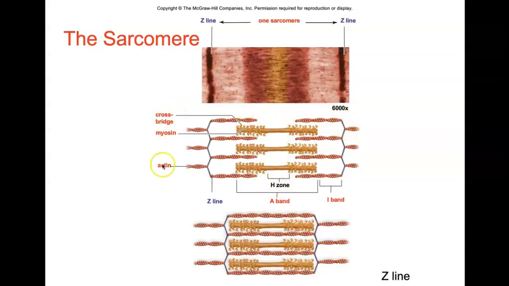So when you see a picture like this, we understand that the muscle is in a relaxed state. When you see a picture like this, notice that the H zone has disappeared. That means that these cross bridges are pulling the actin proteins to the center of the H zone, and the H zone disappears. So the only thing we see when the muscle is contracted is the A band, right?